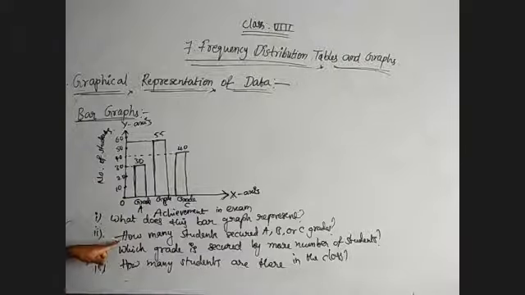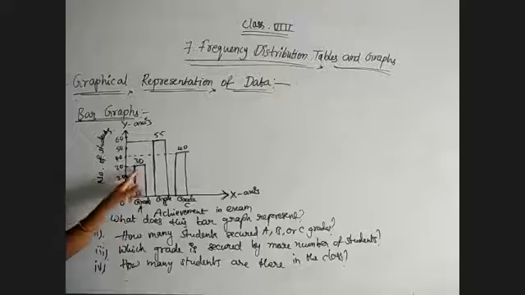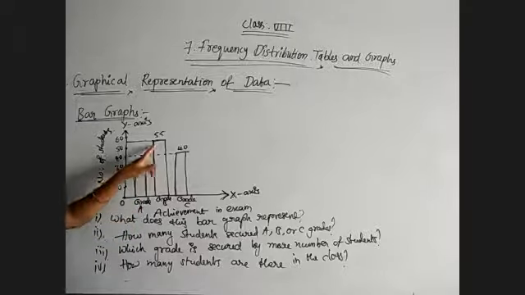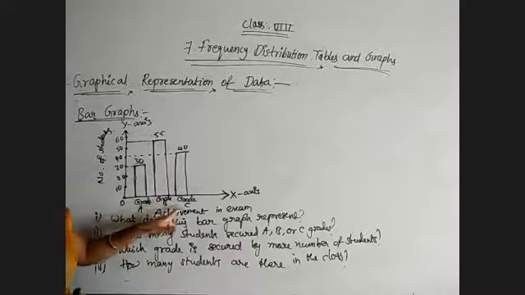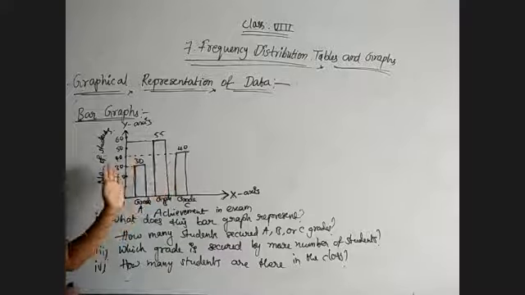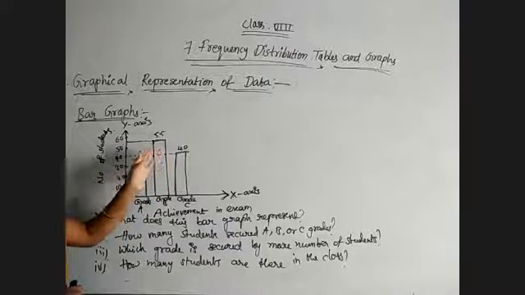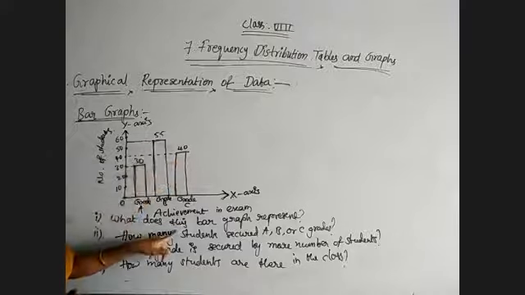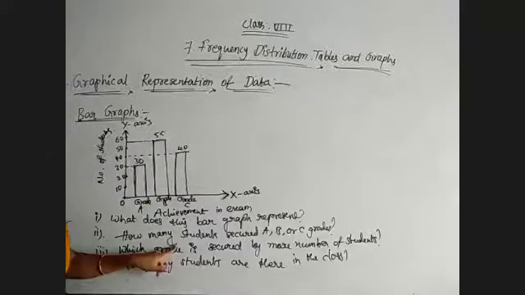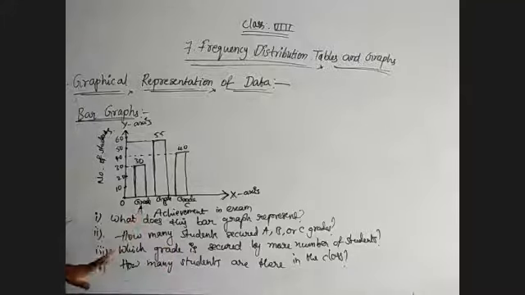Then, how many students secured A, B or C grades? 30 students are getting A grade, 55 students are getting B grade, and grade C are 40. So add: 30 plus 55, 85. 85 plus 40, 125 students are scoring A, B, or C grades.